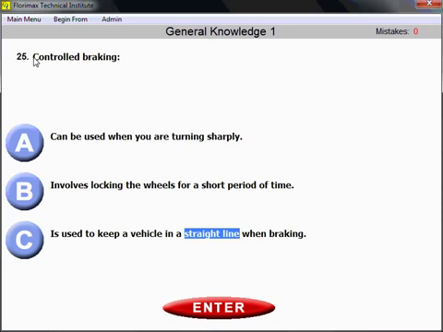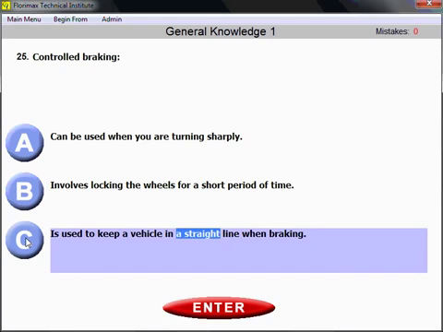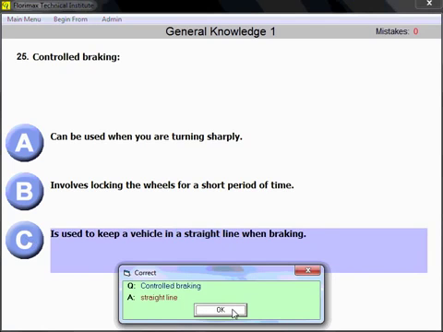When you read in the question controlled braking, start looking for this straight line, because that's what controlled braking is used for: to keep the vehicle in a straight line, to avoid going into the skid, to protect you from losing control of your vehicle. Controlled braking is used to keep a vehicle in a straight line while braking. Good.